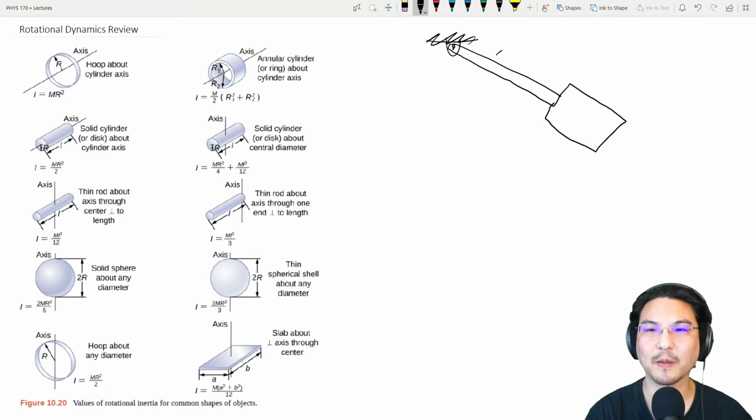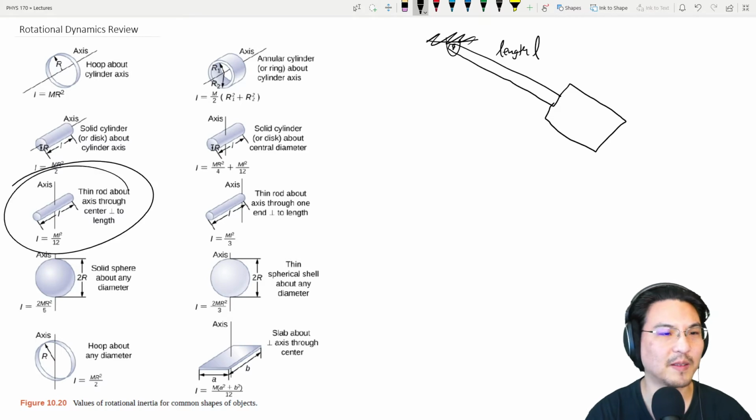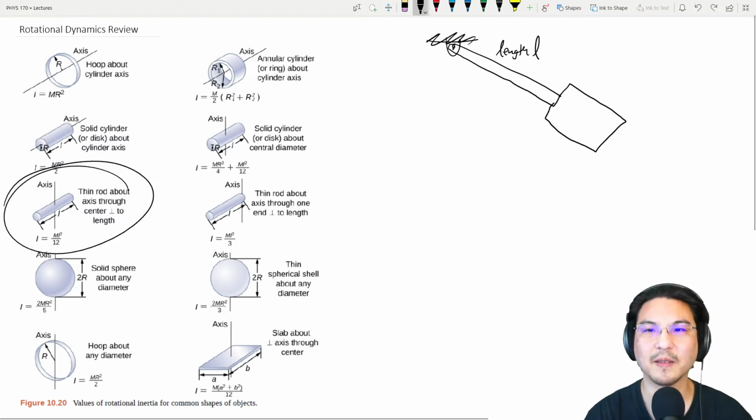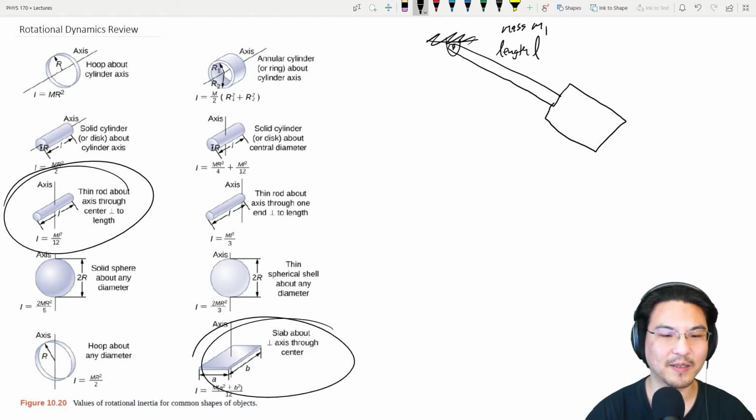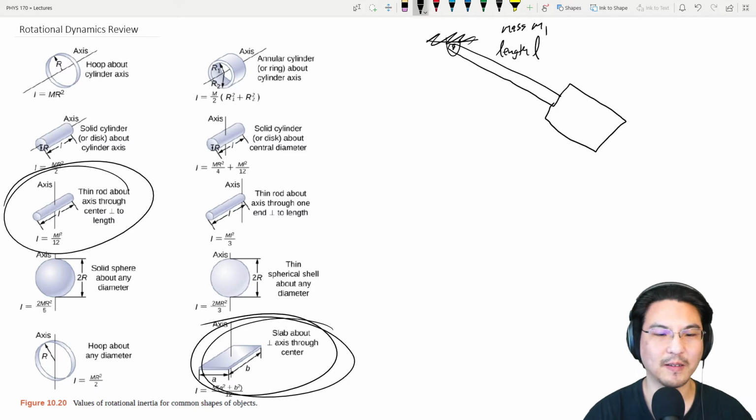Let's see, this bar is length L, and the mass, I'll just call it M1. Okay, and then a slab like this, and then I'll label it from here to here as distance B, here to here is A, and this is mass M2.